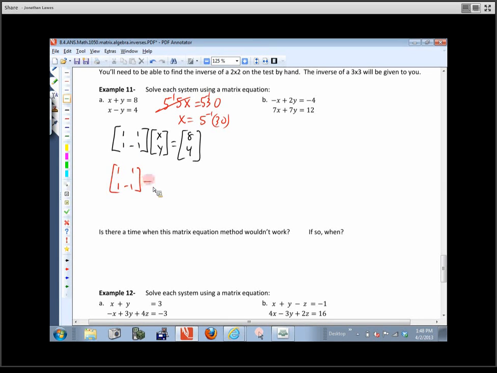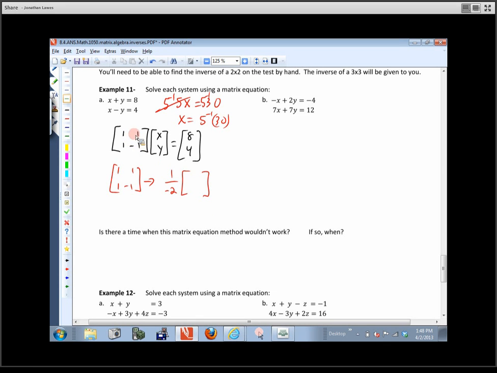Okay? So if I find the inverse, it's 1 over the determinant, negative 1, minus 1. So that's 1 over negative 2, correct? Now, can we do this the quick way? What do we do with this diagonal going downward? Keep it. Switch signs.